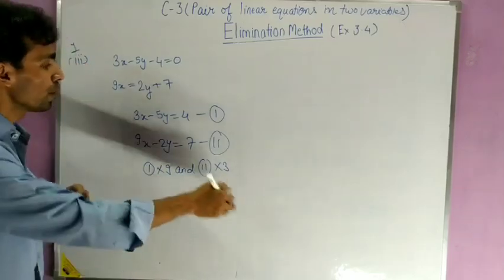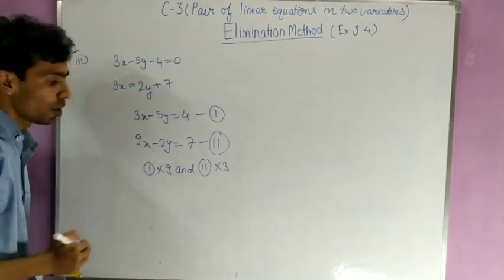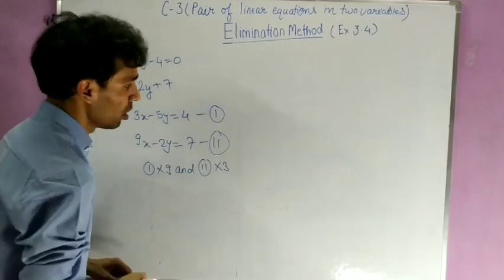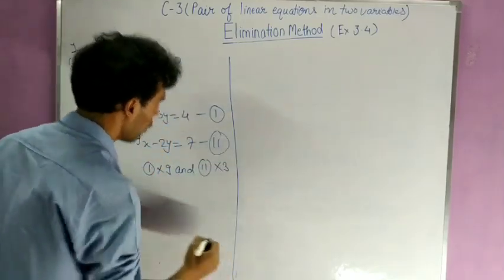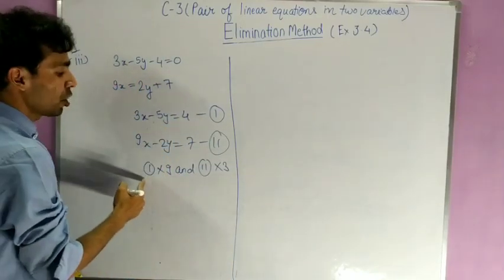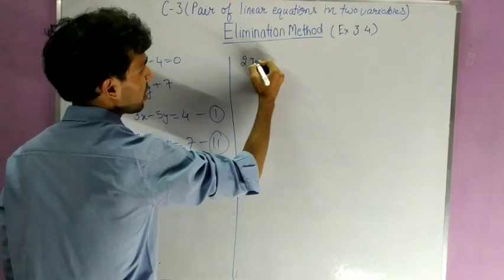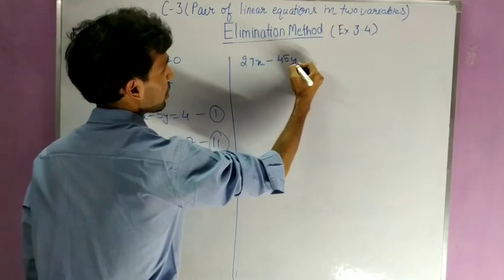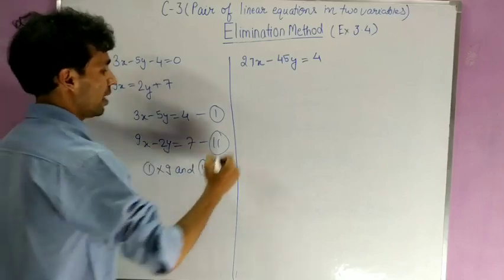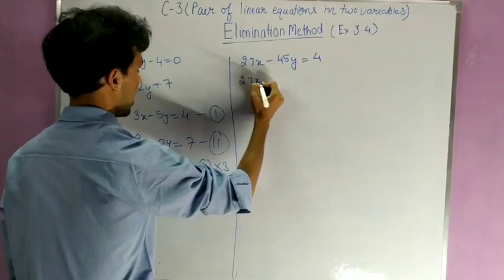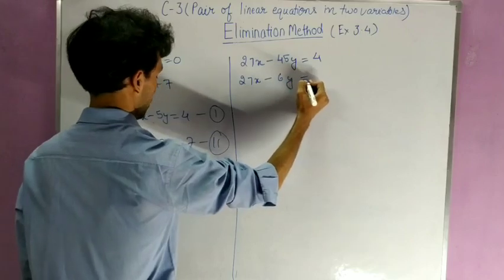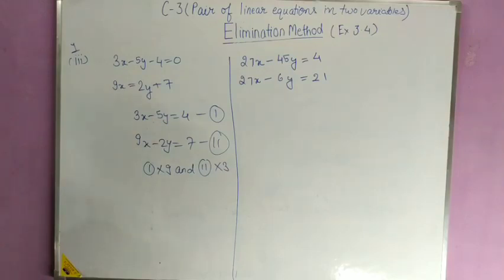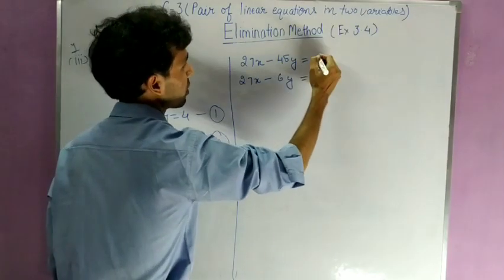So first we have to make their number part same. So what I am going to do, I am multiplying equation 1 by 9 and equation 2 by 3. So what will come? When you multiply equation 1 by 9, what will come? 27x minus 45y is equal to, sorry, it will be 36.